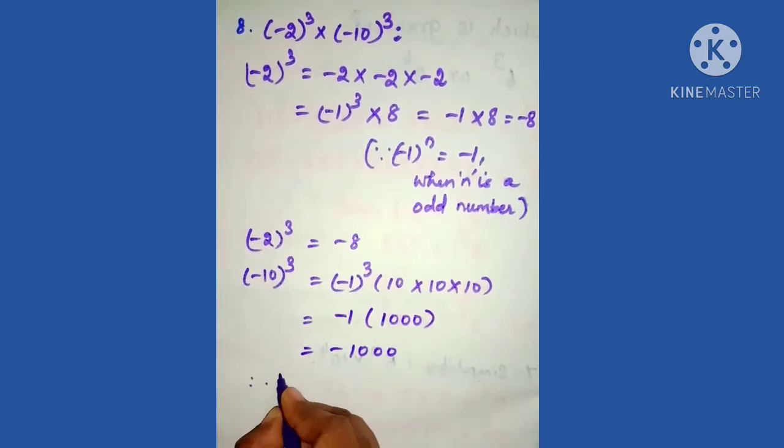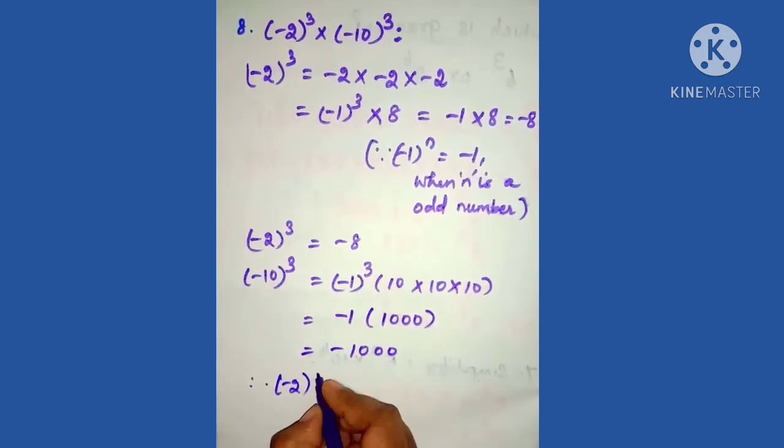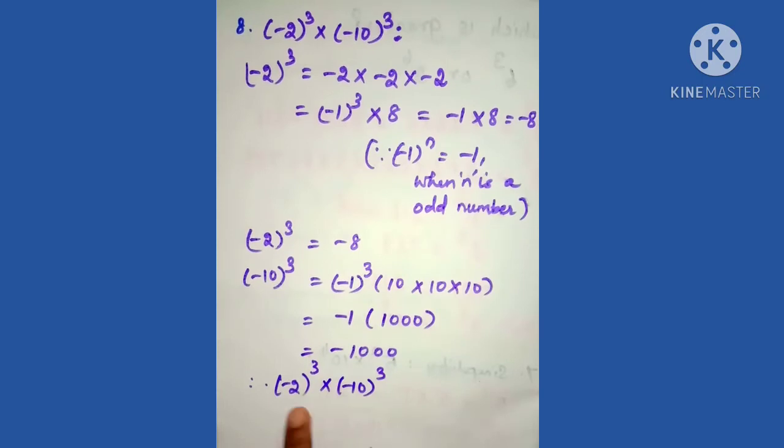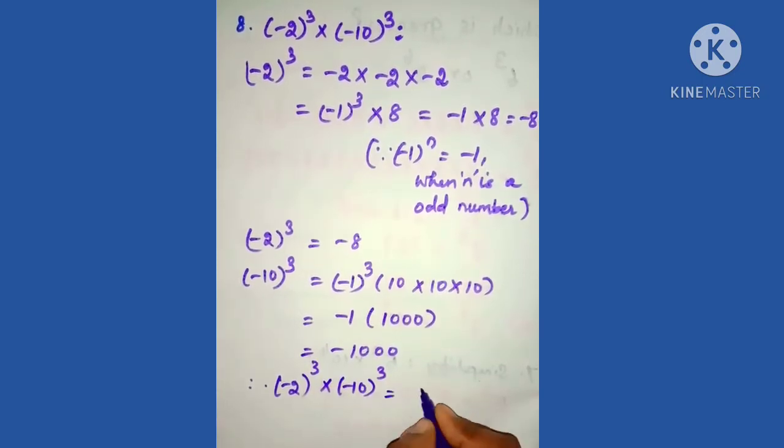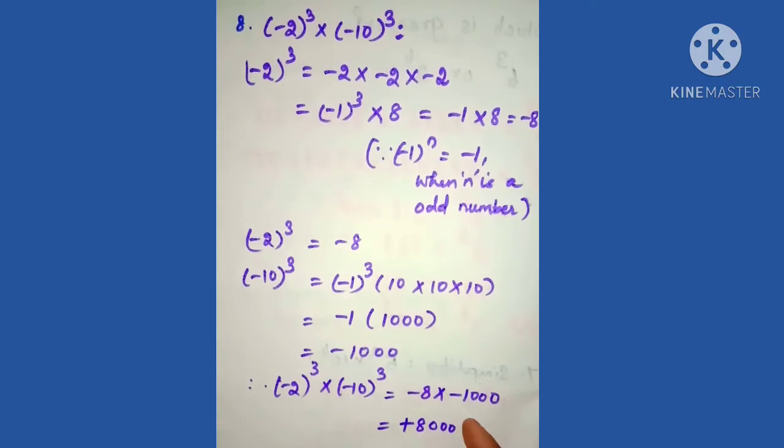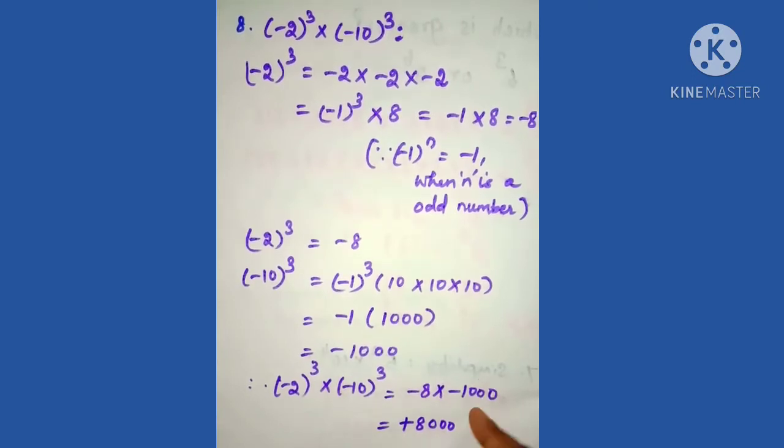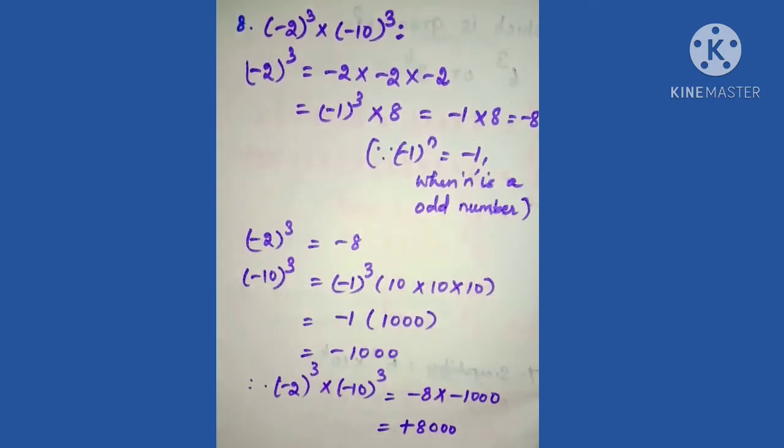Now let us find the product of minus 2 to the power 3 into minus 10 to the power 3, or we can read as minus 2 cubed into minus 10 cubed is equal to minus 8 into minus 1000. So here minus into minus plus, 8 into 1000, 8,000 by using multiplicative integer rule.